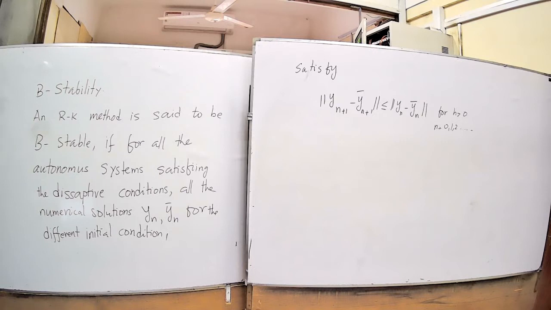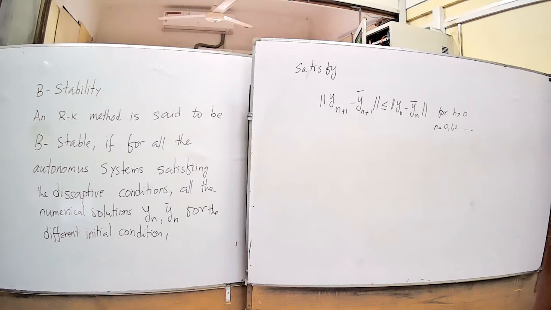Okay, so this is called B stability. The method is said to be B stable if, for autonomous systems of the form y' = f(y(t)), where f satisfies the dissipative condition, you take two initial values.